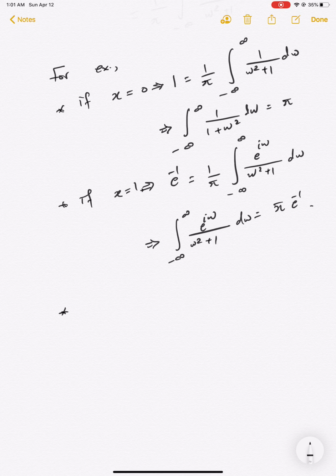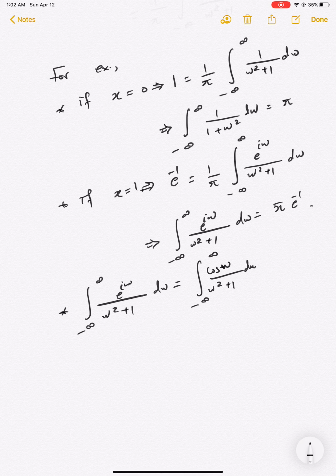I would like to look at this integral, so we just need to analyze what we are getting in this example, trying to understand the whole thing. So what is this integral? This is the integral from negative infinity to infinity of cosine omega, I'm just writing the Euler formula, which is e to the i omega is cosine omega plus i sine omega.